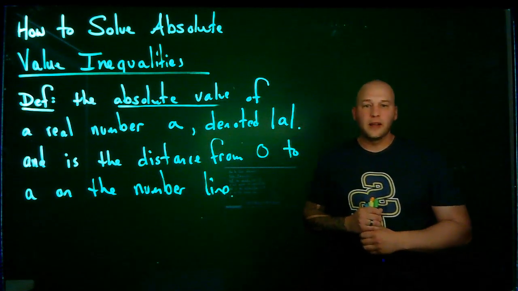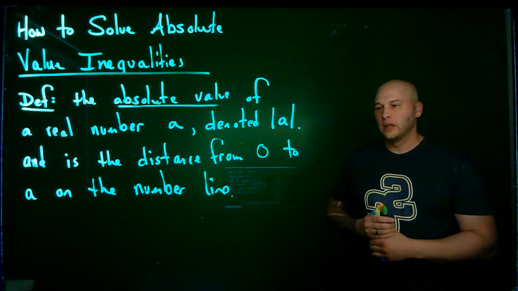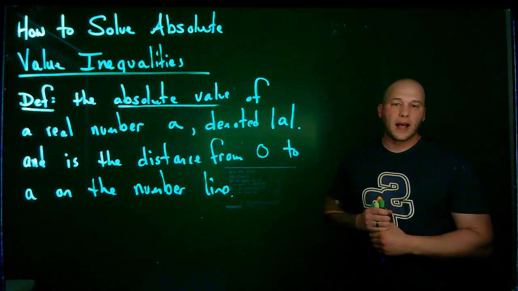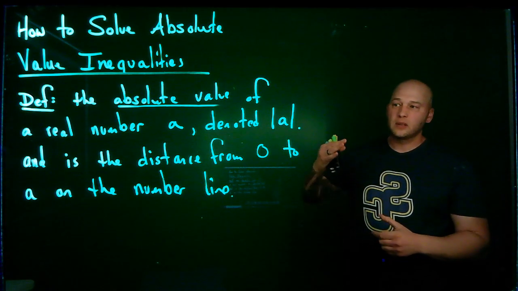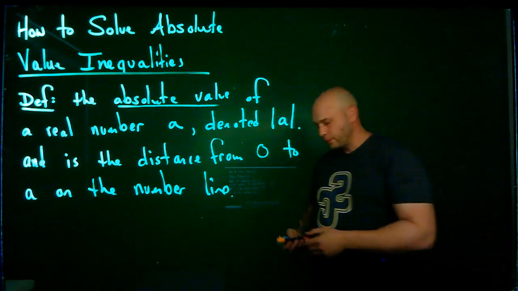Therefore, the absolute value is non-negative because distances are always 0 or positive. So even if I take the absolute value of, say, -3, that means the value would be 3 because -3 is 3 units away from 0.